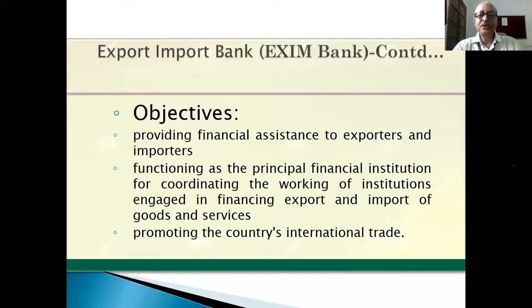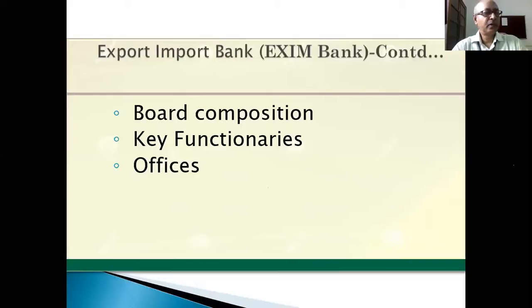It functions as a principal financial institution for coordinating the working of institutions engaged in financing exports and imports of goods and services. Like I told you, not only financing, but they also have a role of coordination because they are development financial institutions. And ultimately, its objective is to promote the country's international trade. So its board consists of one MD and two DMDs, who are also the key functionaries.